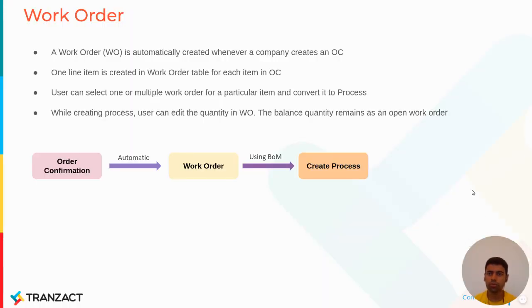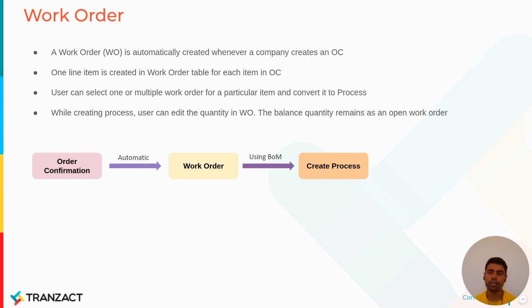Now let us talk about two other concepts called work order and subcontract order. A work order is created whenever the user creates an order confirmation. A work order is automatically created for the items in the OC. Essentially, suppose the sales team is selling an item. If that item has to be produced, then the production floor has to be notified.